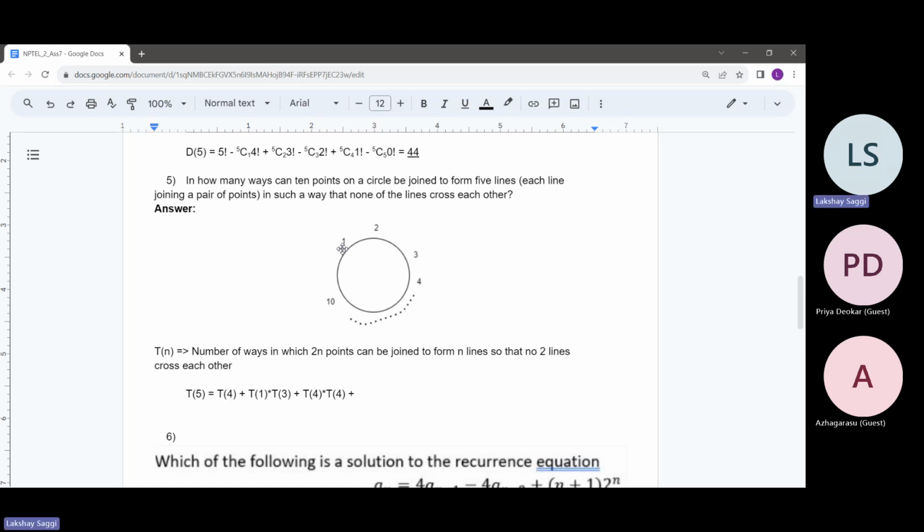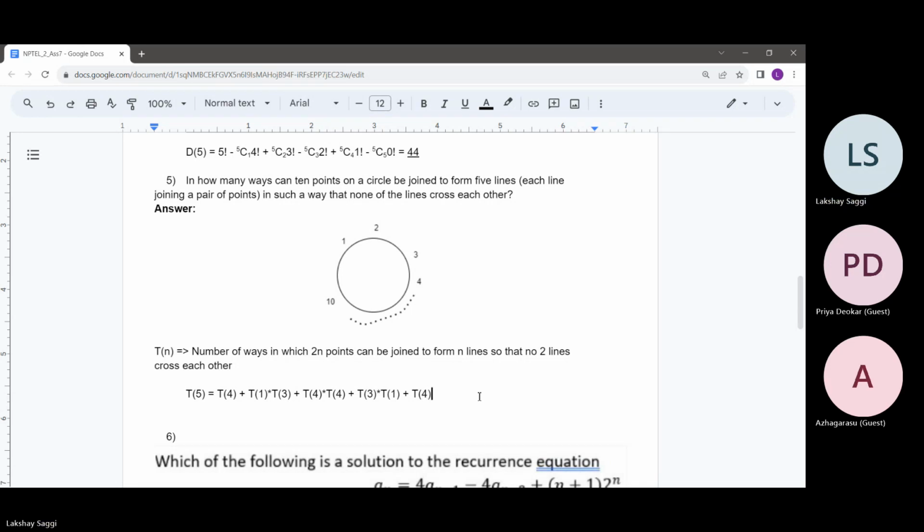And similarly, when 1 is paired up with 8, then we'll again have this sort of relation of t of 3 times t of 1. And then we'll again have something like a t of 1. When 1 is paired up with 10, the remaining points will be paired up in t of 4 ways, or let's just say t of 1.